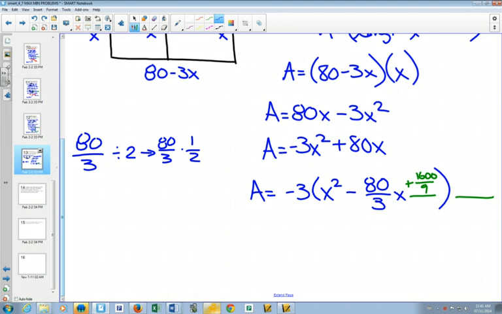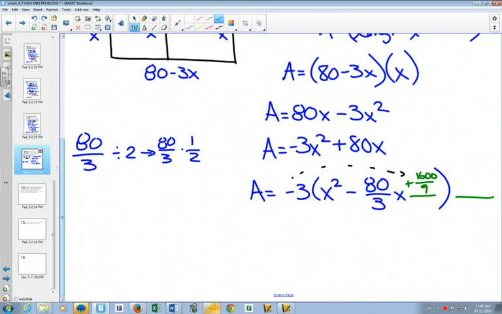Now what happens now? Again, it gets multiplied by the negative 3. So you've actually subtracted 1600 over 9. Times by a negative 3 would be 1600 over 3.